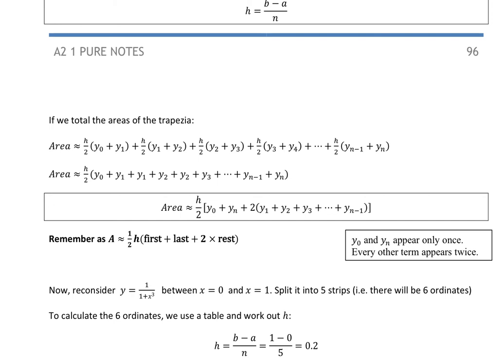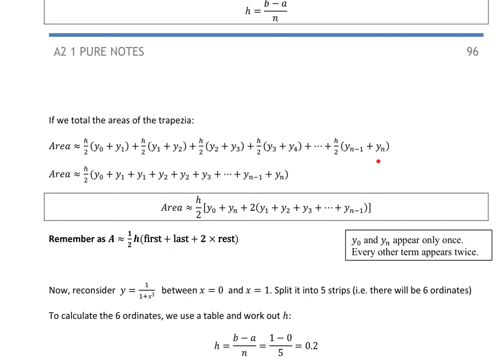Okay, so if we scoot on down to the next wee bit, the total area is going to be equal to, if you imagine this one we've just done, h over 2 times y0 plus y1, plus h over 2 times y1 plus y2, plus h over 2 times y2 plus y3, plus h over 2 times y3 plus y4, all the way up to h over 2 times yn minus 1 plus yn.